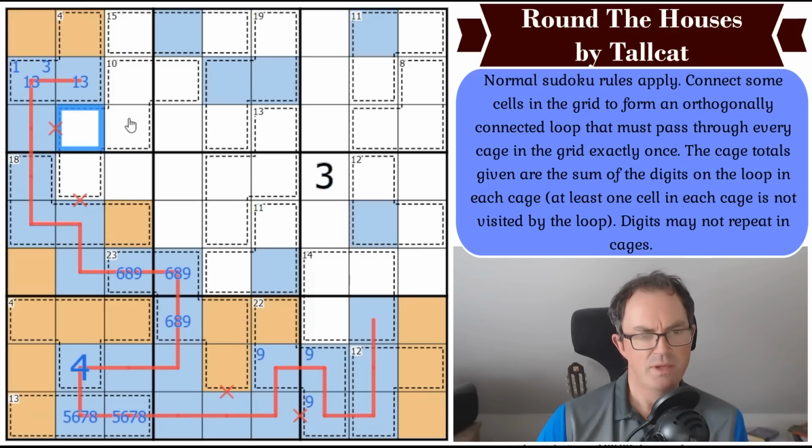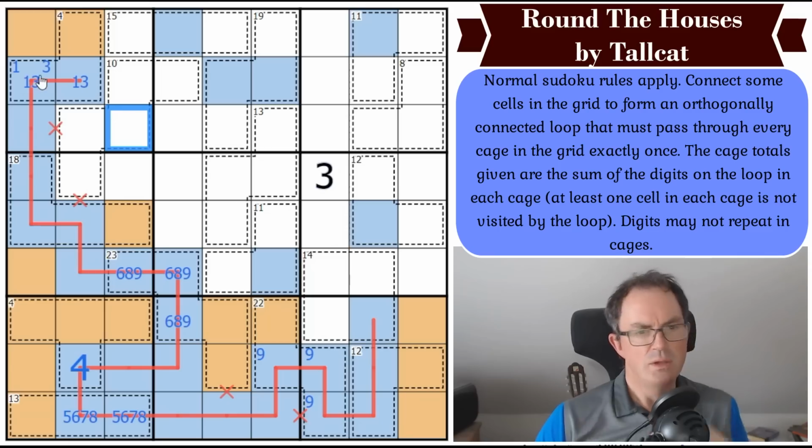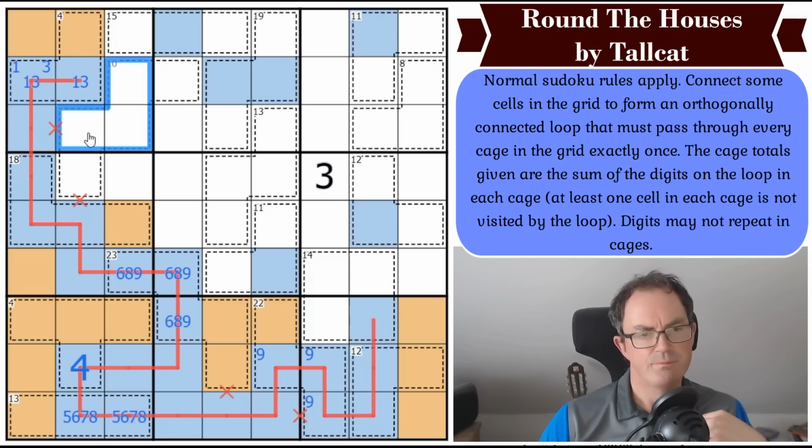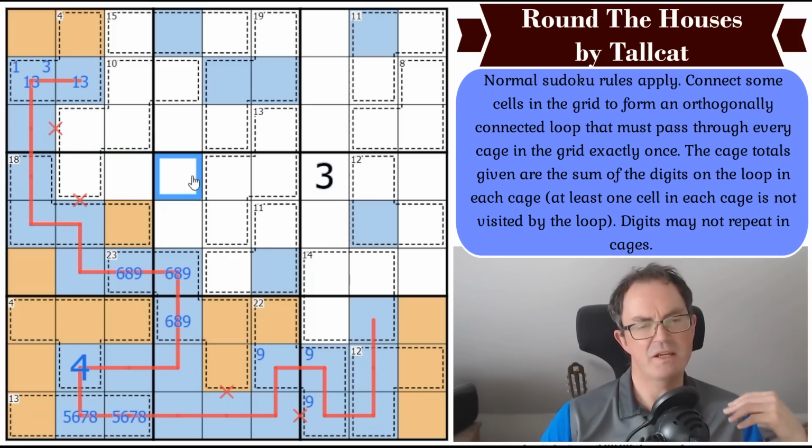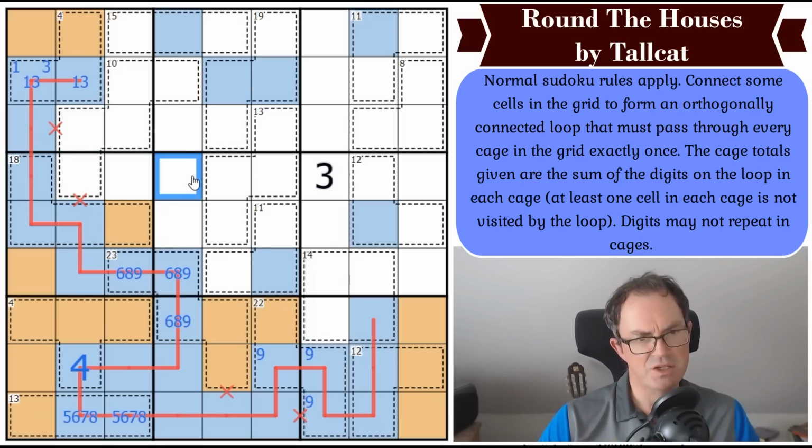But I don't think I can... I was wondering whether the existence of this 1-3 pair, is that telling me... I think it is telling me something about the 10 cage. I just can't quite get my head around exactly how it would work.